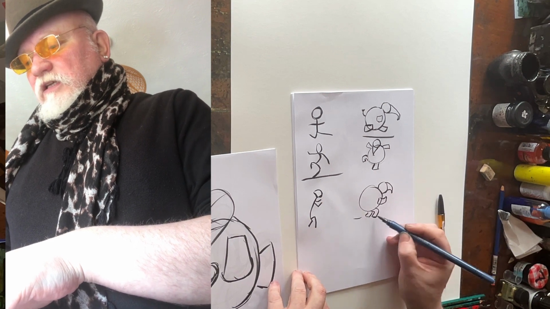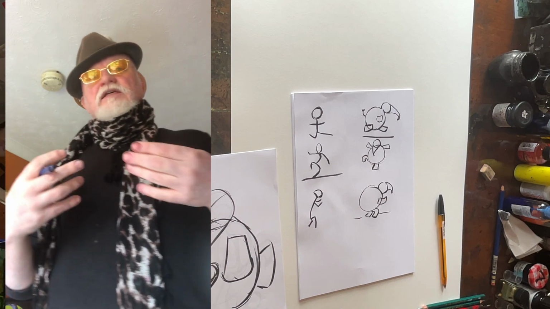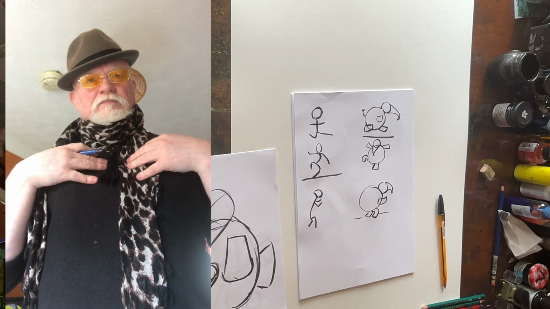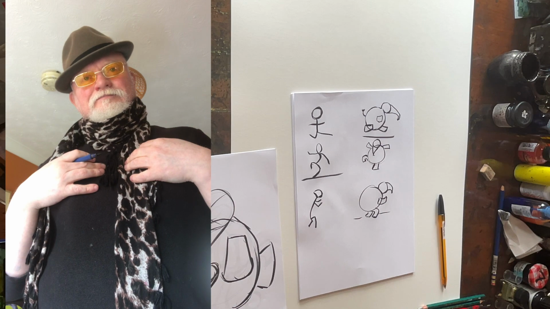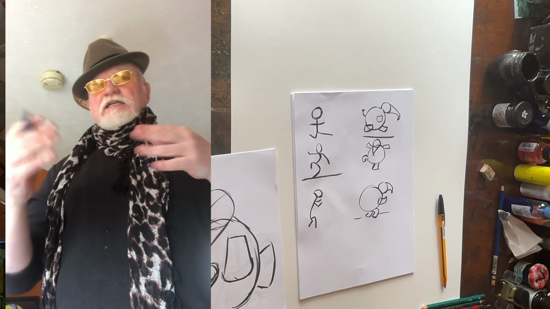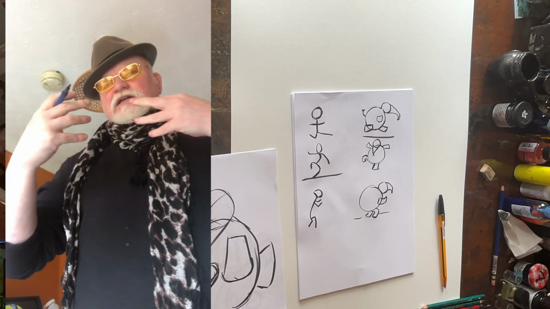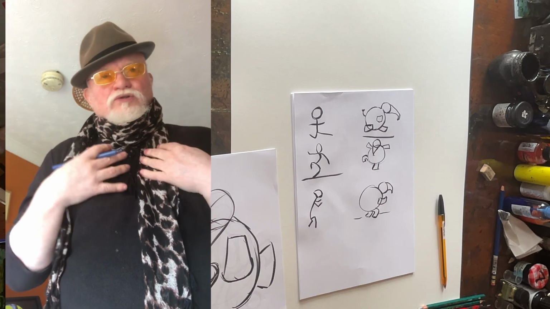Now, what you're basically doing here is you're beginning to give yourself this power. You're beginning to say, I can do that. I can do that. And when you start to do that, you start to take away this thing that it's difficult. It's complicated. It's something I couldn't do.